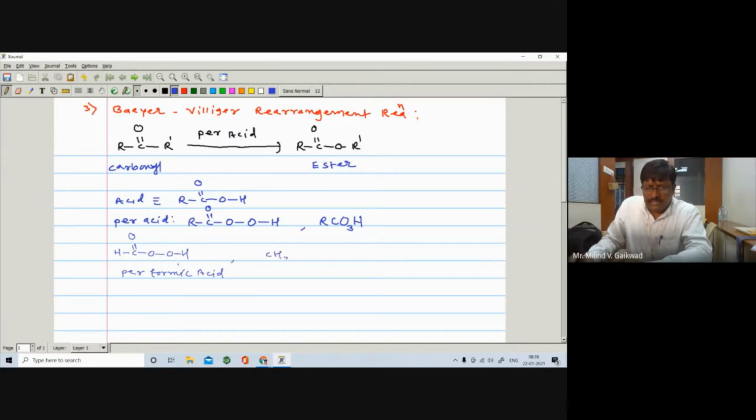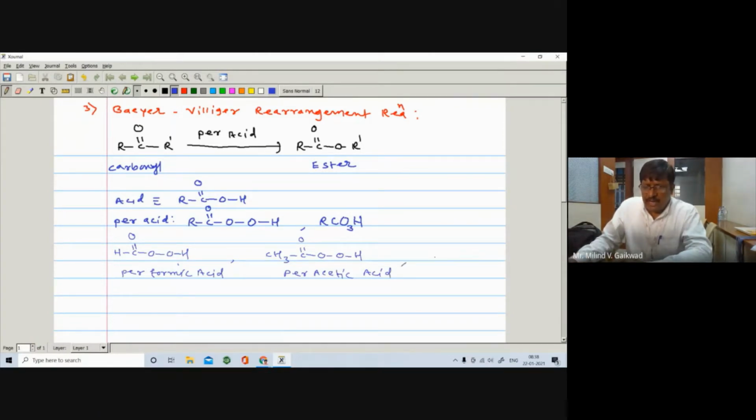If you take acetic acid, CH3-C double bond O, then O, and here there is the H. So again you add one oxygen and here you put H. So it is called peracetic acid. So the naming is simple, you just put the word per before that acid.